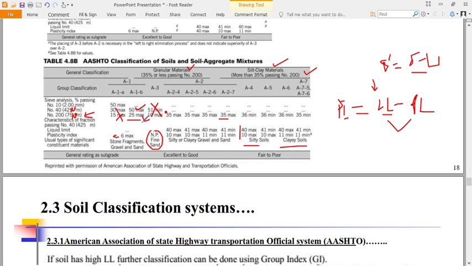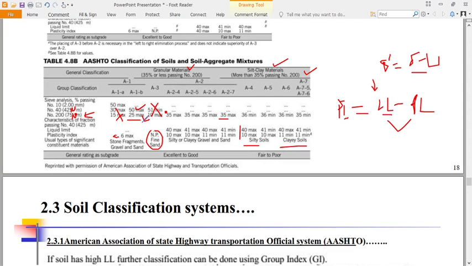Is that okay? So if I can recall, I said that for this one we were using sieve number 35% passing. But for Casagrande, use 50% passing, sieve number 200 or 0.75 millimeter.